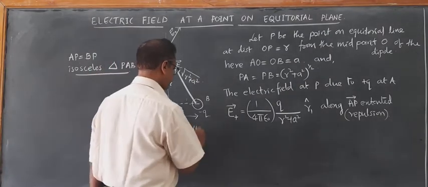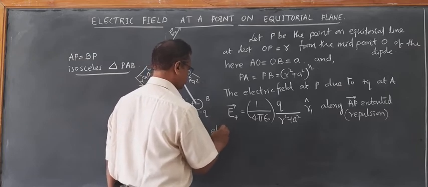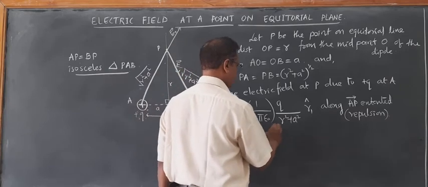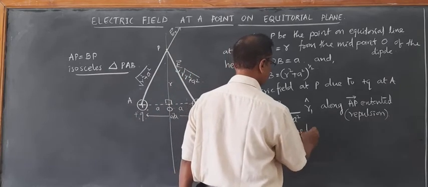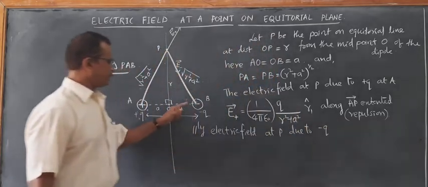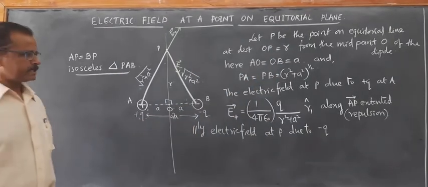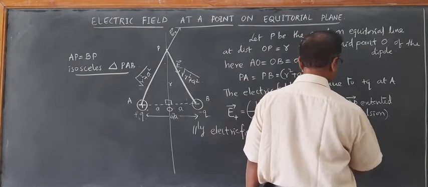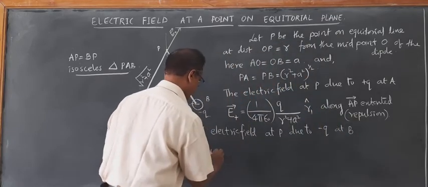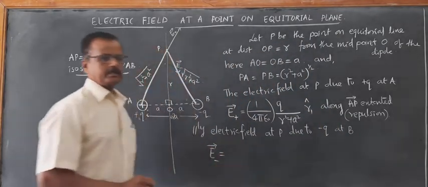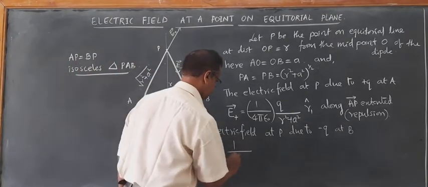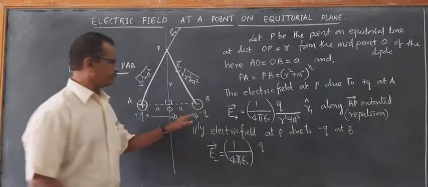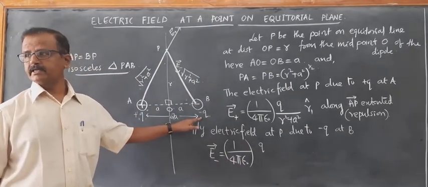Similarly, I can write the electric field at P due to the source minus Q charge present at B. I will write here E minus equal to 1 by 4 pi epsilon naught into the source charge, which is again of course minus Q, but we have to take the magnitude.